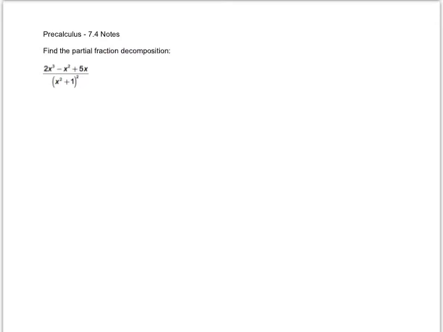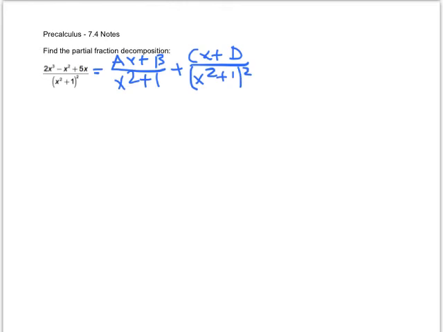This guy's going to be a toughie. He's an irreducible quadratic squared, so we're going to have ax plus b over x squared plus 1 plus cx plus d over x squared plus 1 squared. So when we do our math here, we're going to have an x squared plus 1 that we need to add with that ax plus b part.